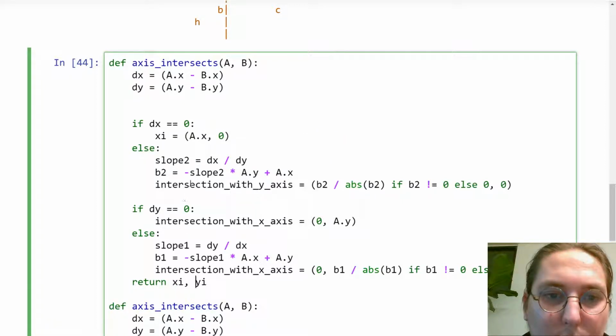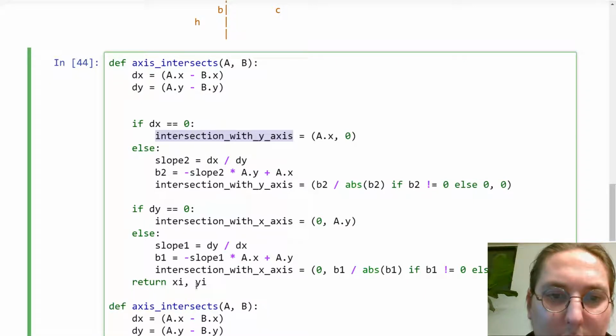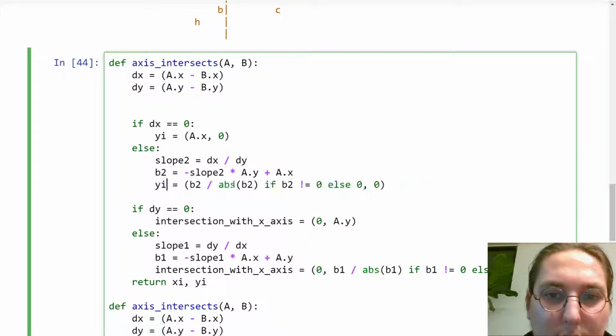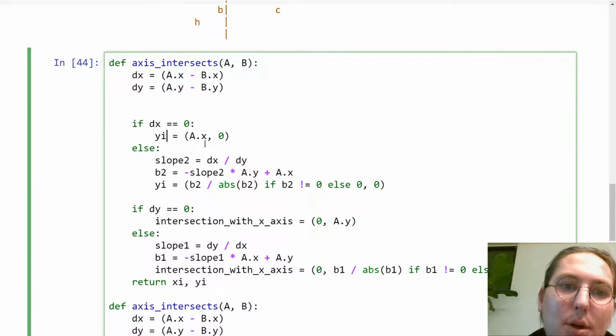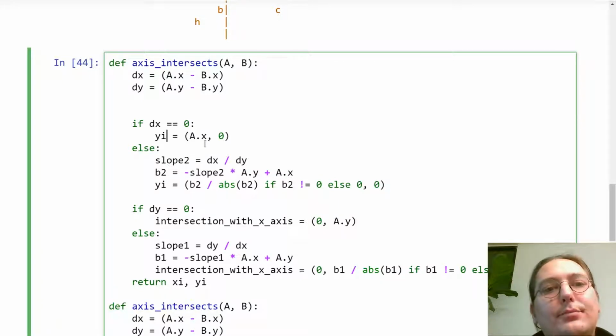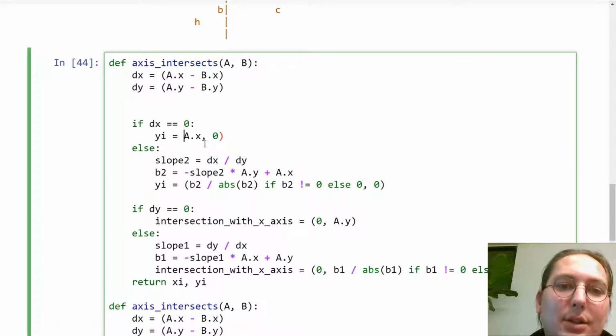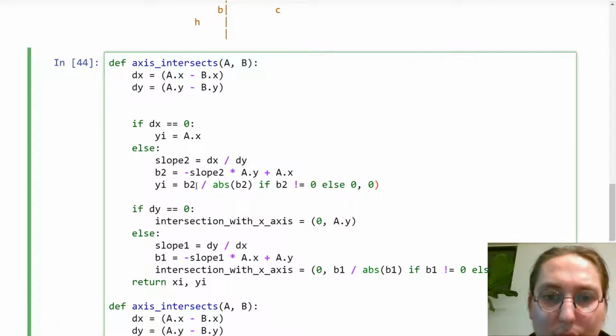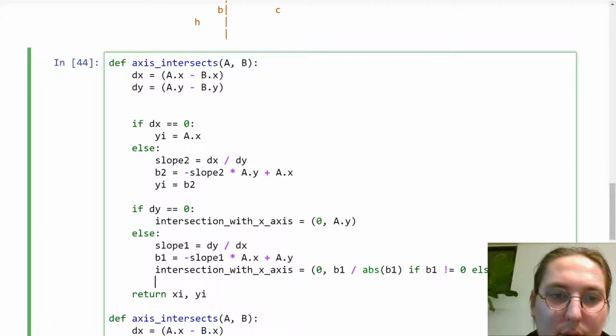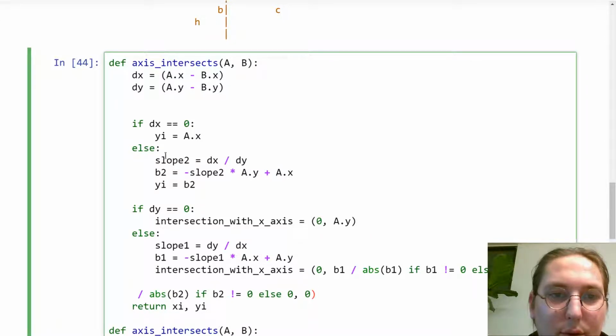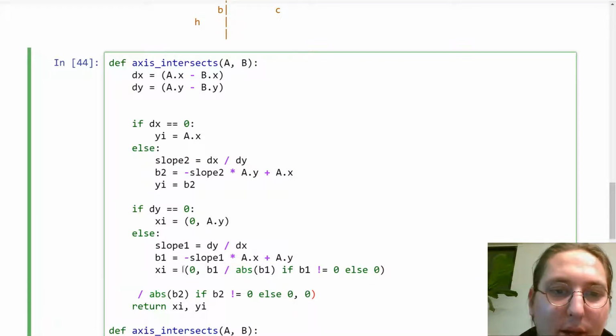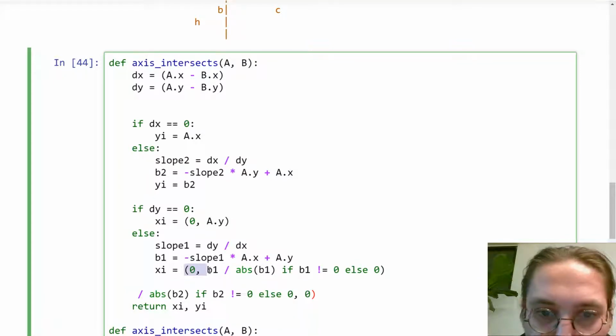So actually we only need this coordinate, right? Y, let's just leave it at that. And this is just B2. Making everything much clearer, I'm sure. Yes, it's called X, but it's actually a Y value.